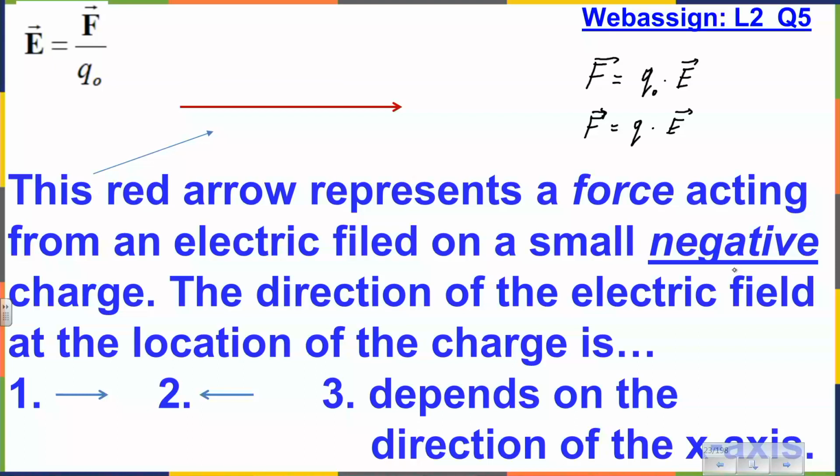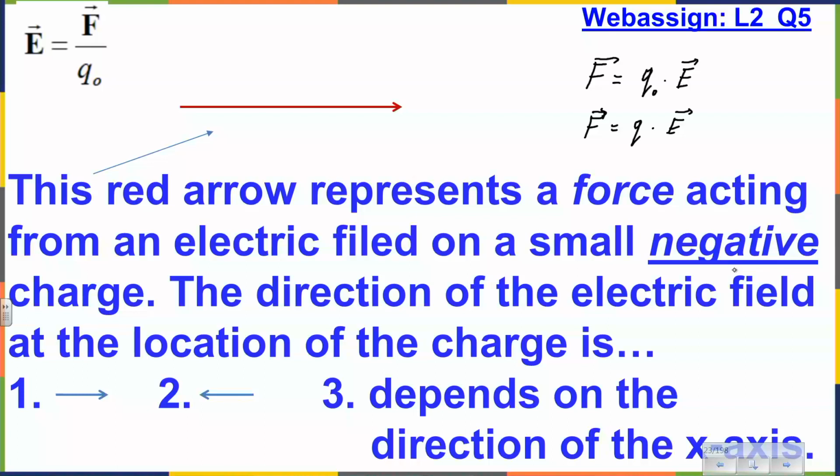Now, if we take an arrow and multiply by a negative number, the new arrow will point in the opposite direction. That's it. So the answer here is, if my force points to the right, but the charge is negative, that means the electric field should point to the left.